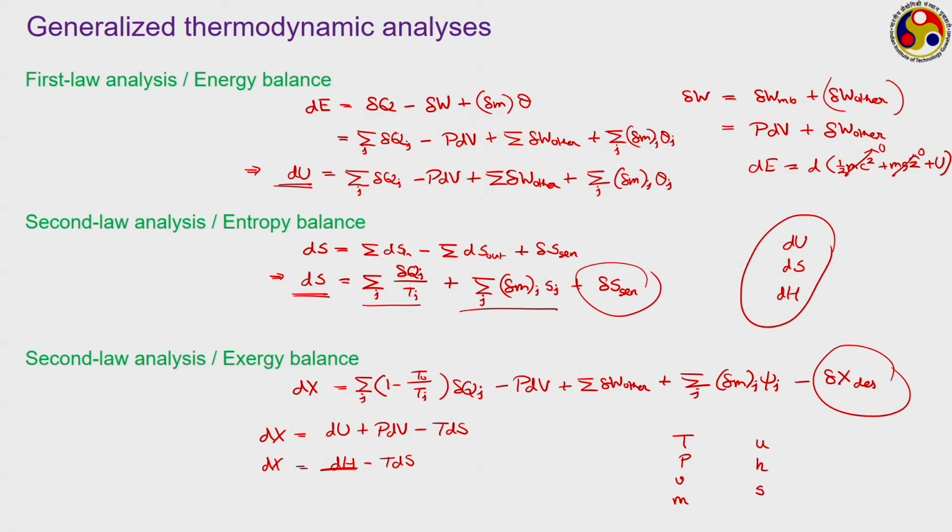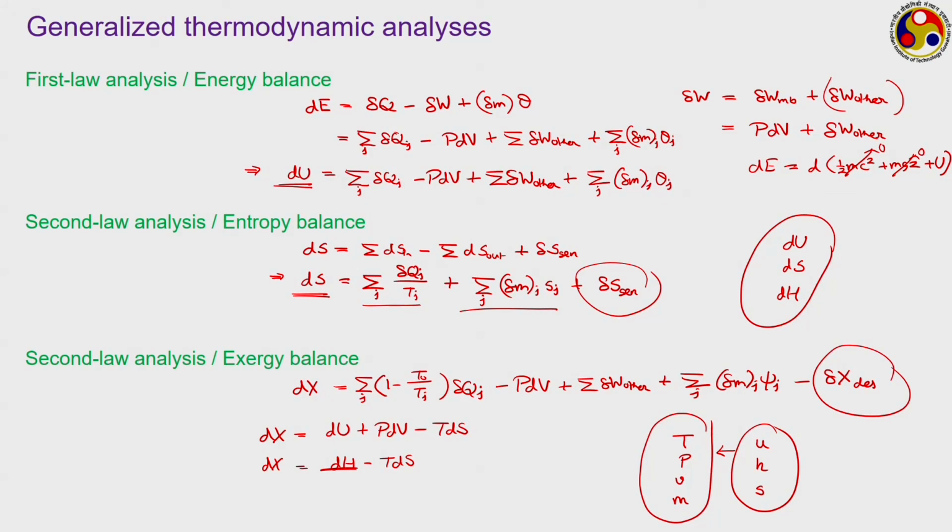So, the objective of this module, thermodynamic property relations, is to develop mathematical relations where we can represent this second group in terms of the first group, that is, represent internal energy, enthalpy, entropy and other properties in terms of measurable quantities like temperature, pressure, specific volume, etc.